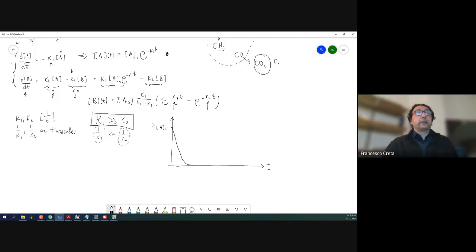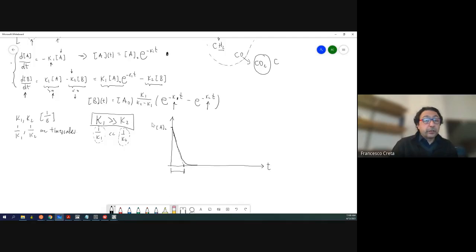Now, in fact, you can prove it very easily here. If you take the slope at t equals 0, this will intercept the x-axis at 1 over K1.